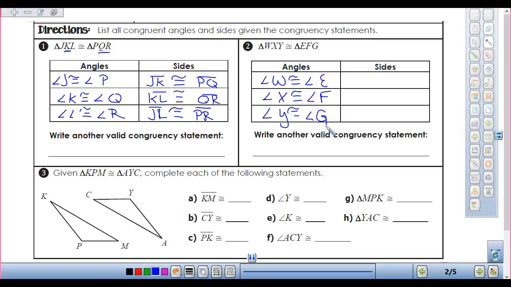Okay, sides. What's my first side of the first triangle? WX is congruent to EF, XY is congruent to FG, and there you go.